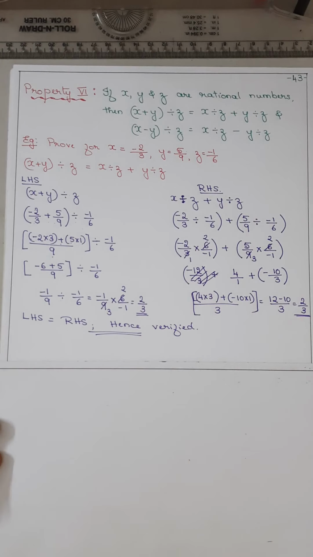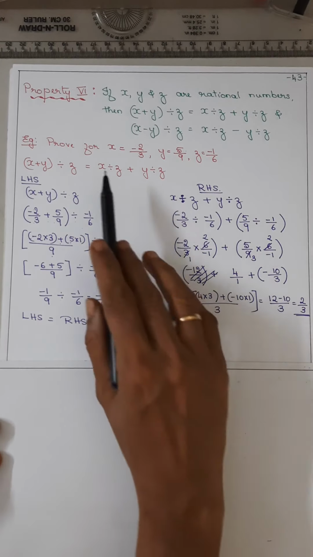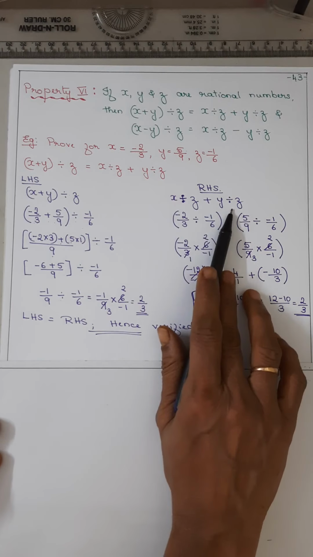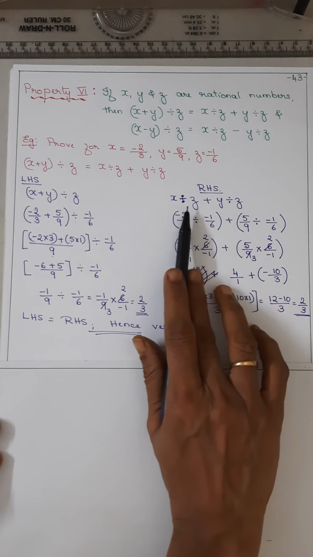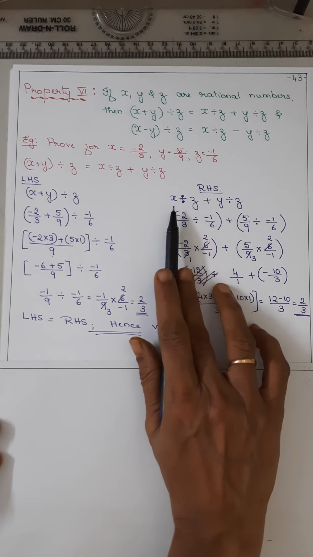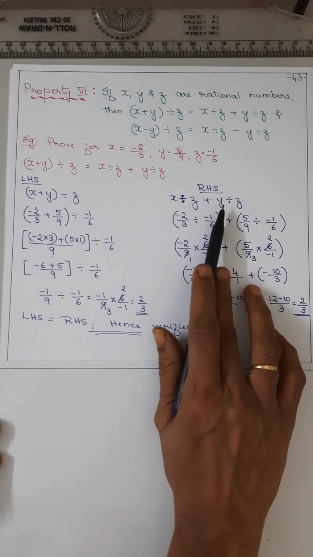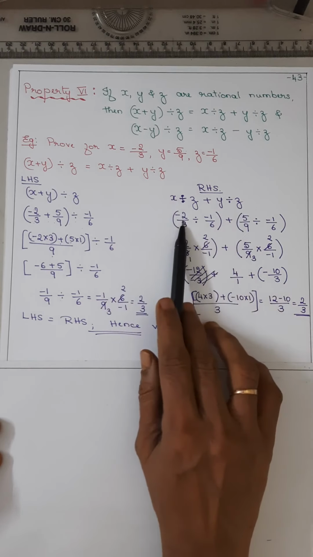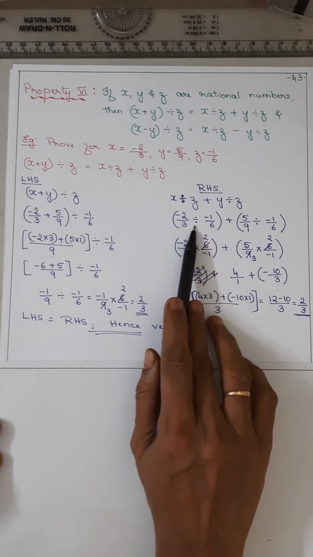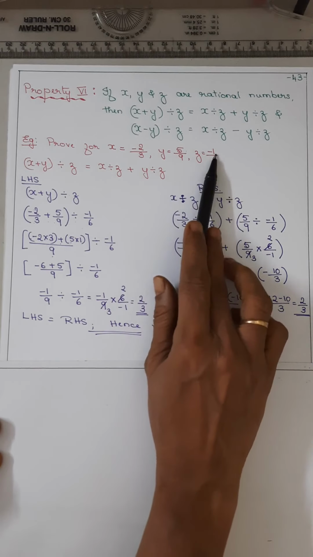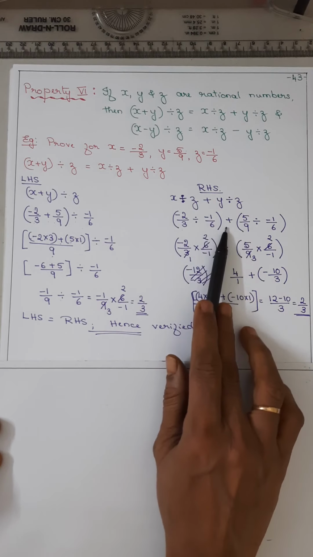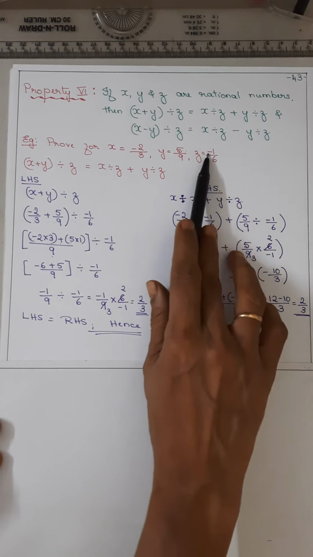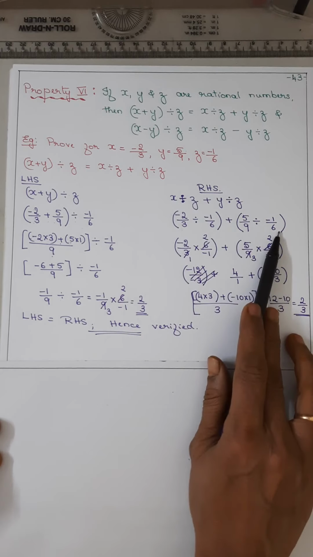Now here on the RHS, it is x divided by z plus y divided by z. Put the values. X is minus 2 by 3 divided by z is minus 1 by 6 plus y is 5 by 9 divided by minus 1 by 6.